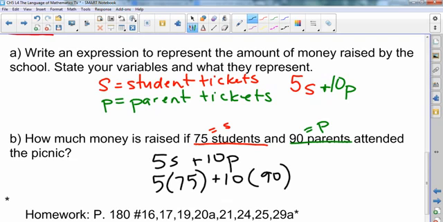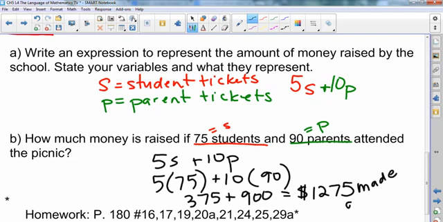Keeping in mind our order of operations, we're going to multiply before we add. And we get 375 plus 900 equals $1,275 made at the picnic.